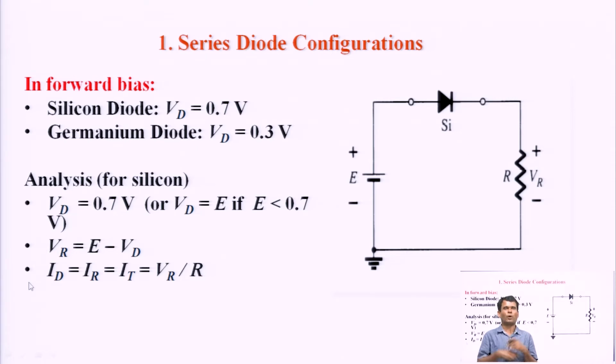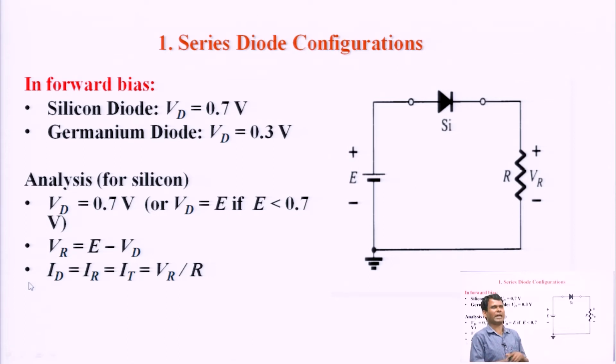Question arises, when will we assume the diode as practical and when ideal? In general, if the type of semiconductor is defined in a question, we have to assume the diode as practical. If the type of semiconductor is not mentioned, then we are free, we can assume the diode ideal or practical.